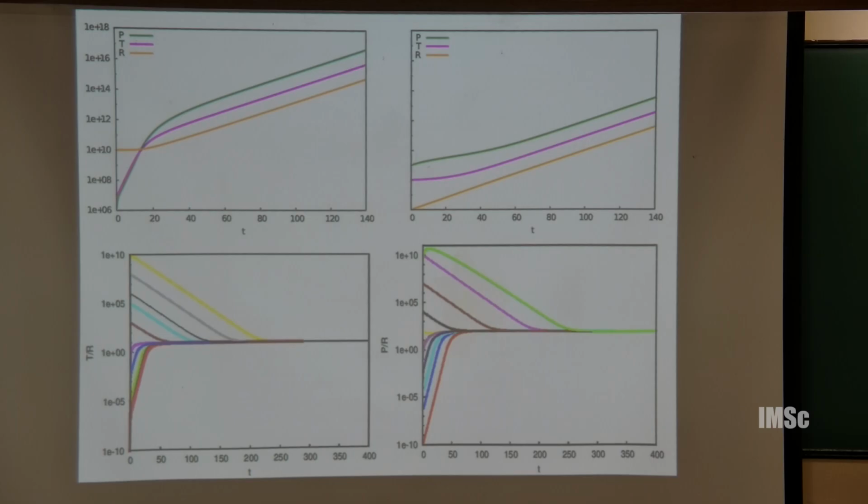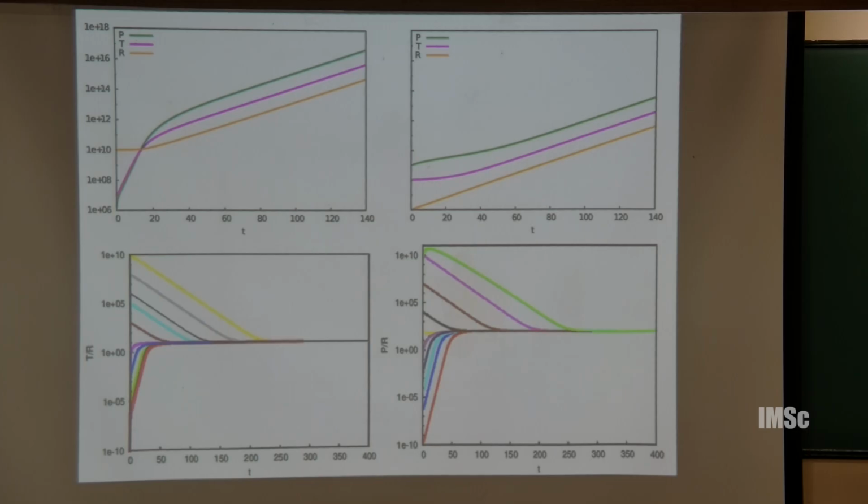Okay, there are relationships between these variables. You see these P, T, and R, these constants, the initial conditions, the ratios of the populations and the growth rate. And that becomes the origin of the growth laws of bacterial dynamics. Okay, so I will come back to that.